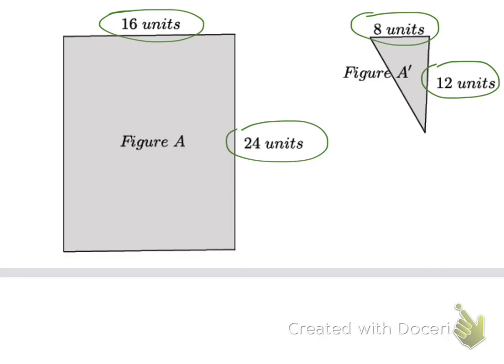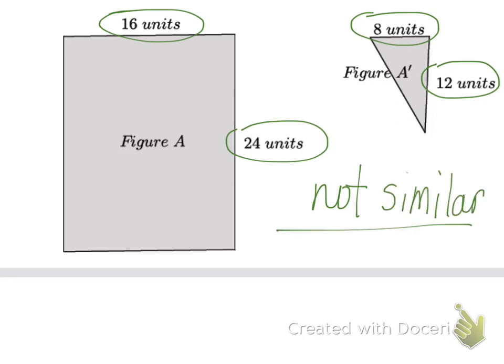But could I say that figure A is similar to figure A prime? Well, it might seem really obvious to you, but maybe not to everybody, that I could never map a 4-sided figure onto a 3-sided. They're different shapes. So even though there is some proportionality in some of the sides, I could never define a sequence that would map these, so they are not similar figures.